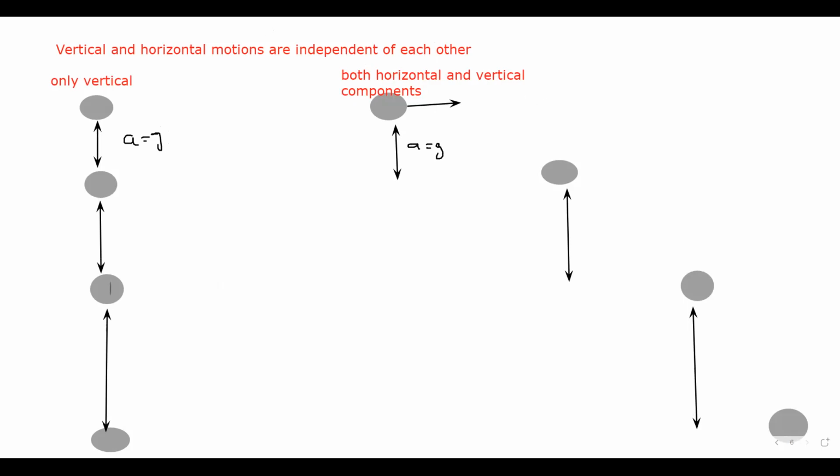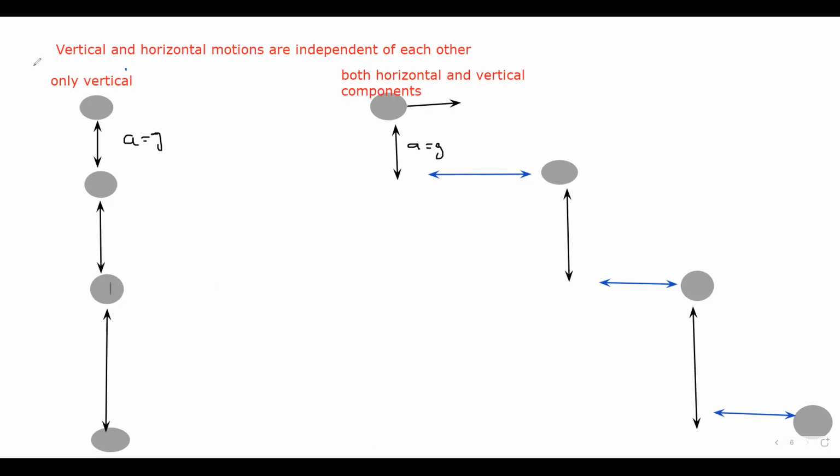And the horizontal distance is the same throughout the motion because the horizontal velocity is constant. So this should be further on the right hand side. Because of space I was not able to draw. So what it shows is that the horizontal and vertical motions are independent of each other.